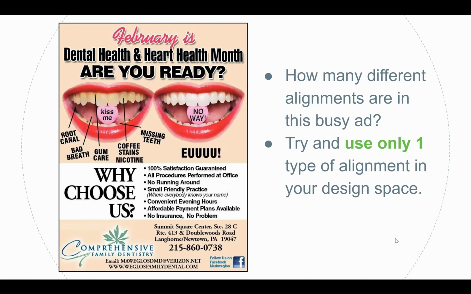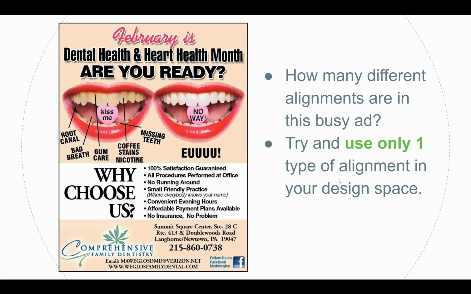How many different alignments are in this wonderfully busy ad? We've got all kinds of things. We've got the candy. We've got the bold white outlined lettering at the top. We've got left justified over here, right justified over there. We've got centered again.